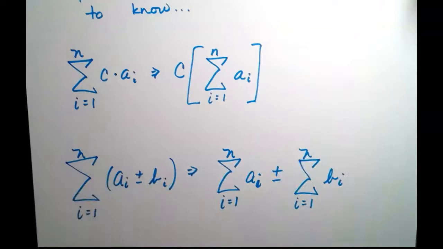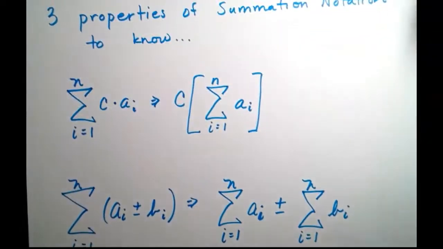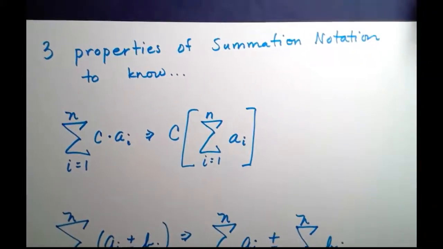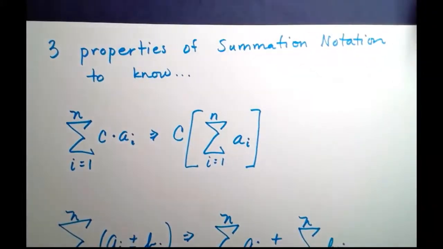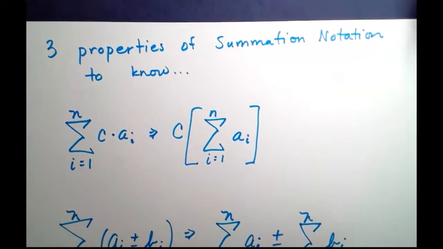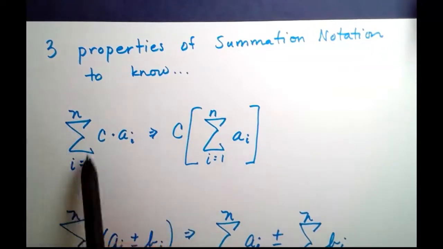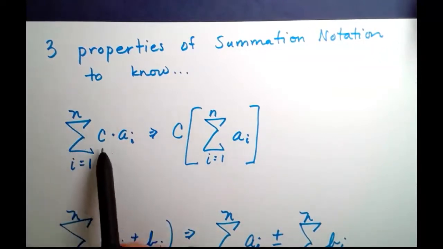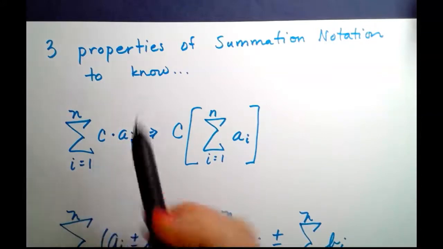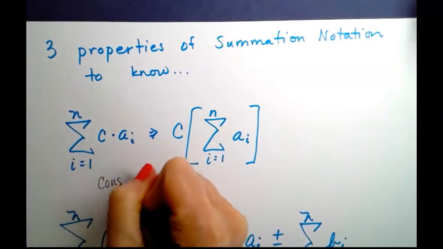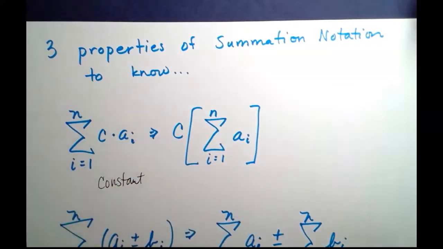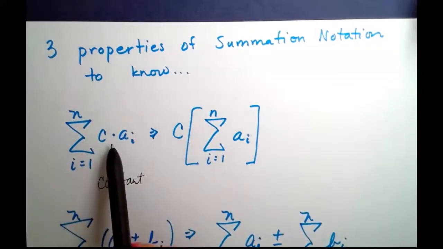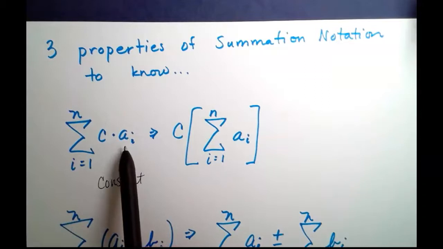So finishing off here, we've got 3 properties of sigma notation that you need to know about. The first one here, very simple to understand. We have a sigma notation of a product. Now think about it. That C value is a constant, so we have a constant times our term.